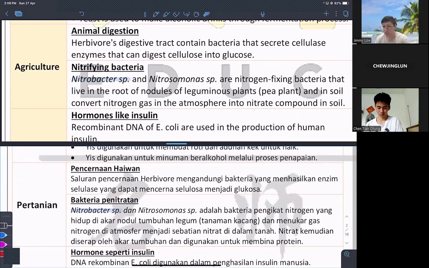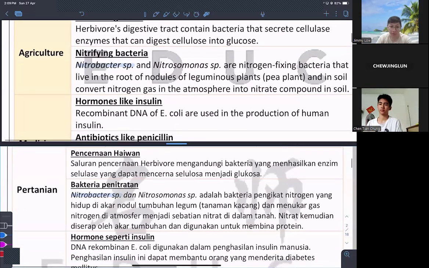This is connected to your chapter 2, the nitrogen cycle. Nitrobacter sp. increases the nitrogen content in the soil. We have the legume plants with the bacteria called Nitrobacter sp. It will increase the nitrogen content in the soil. So this name is important.